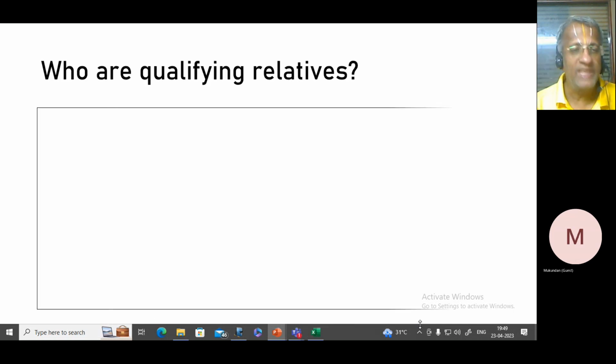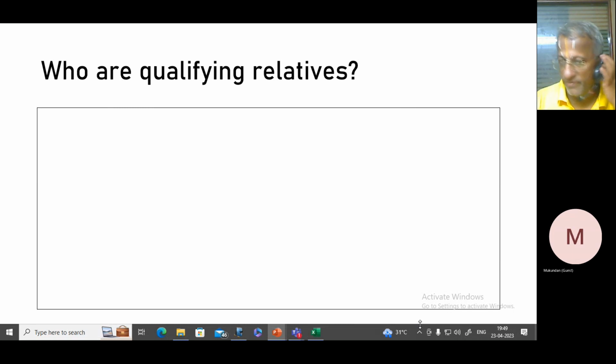Okay. Next, who are qualifying relatives? We are talking about three basic conditions of dependence. What are the three conditions of dependence? First, the taxpayer himself should not be dependent on somebody.